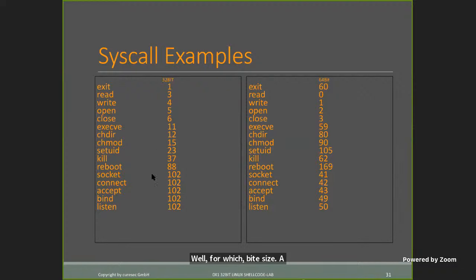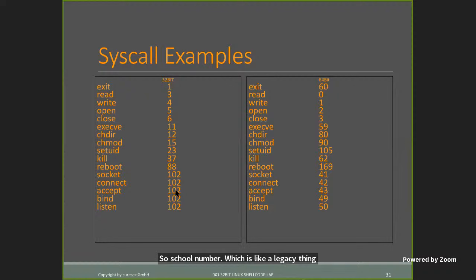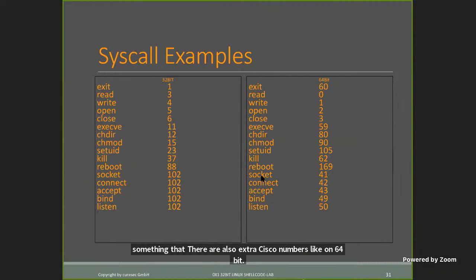We can also see here that socket, connect, accept, bind, and listen on 32-bit all have the same syscall number, which is a legacy thing. There has been a change, I think in kernel 4.3 or something, so that there are also extra syscall numbers on 64-bit for network operations.